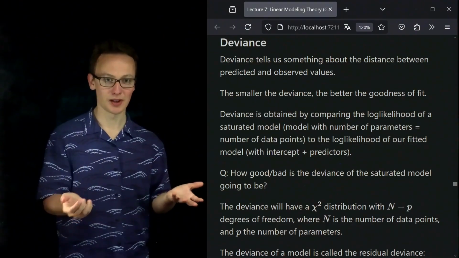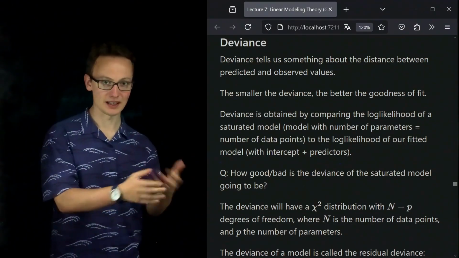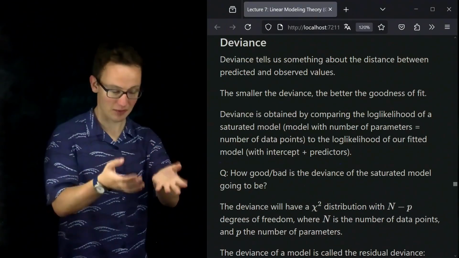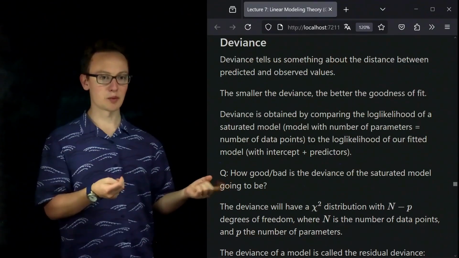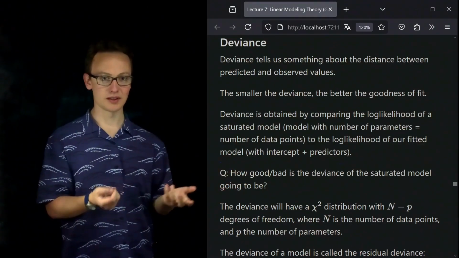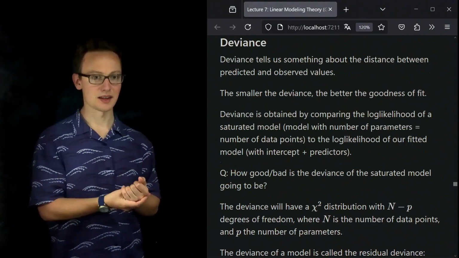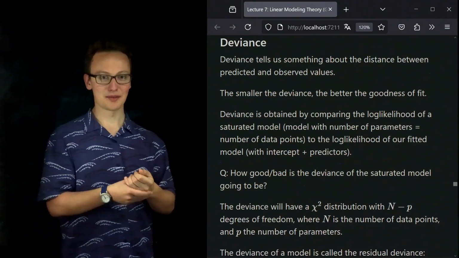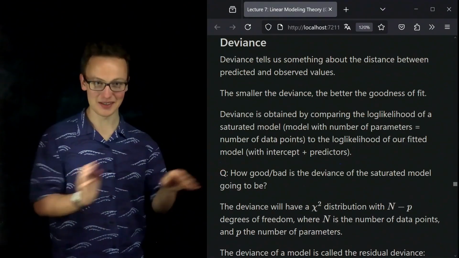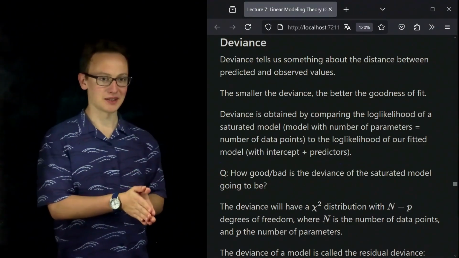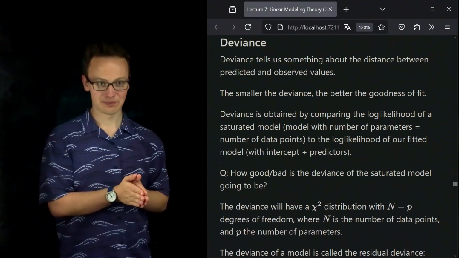It's a useless model because it will always fit data perfectly and it doesn't abstract from the specific data that it sees. So if you think about what the deviance of the saturated model itself is, well, trivially it is obviously very low. It's good in the sense that there is zero deviance at all, but that model is probably not useful, okay?